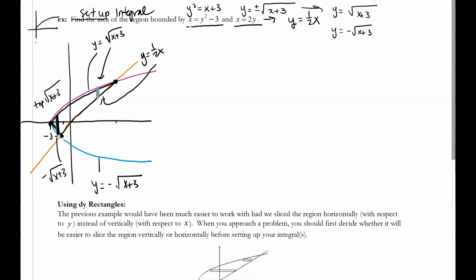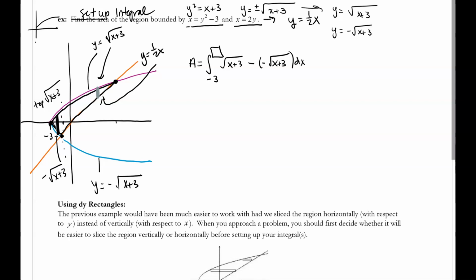All right, so we know generally that the area is going to be the integral from, if I start at the furthest to the left, I know that first x value is negative 3, but I don't know what this intersection is. So I'm going to come back to that. But for that piece of it, it's top minus bottom. The top is the positive square root of x plus 3. The bottom is the negative square root of x plus 3.